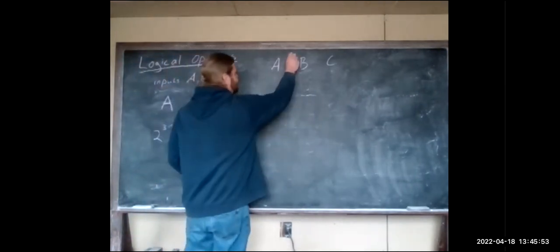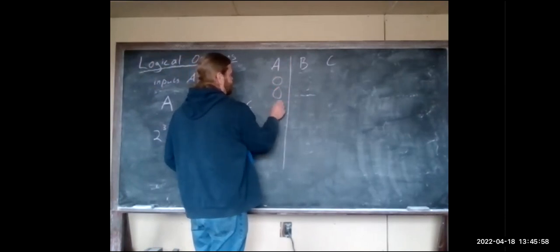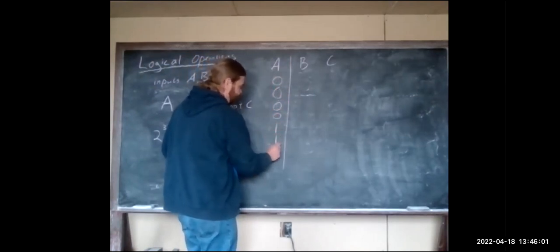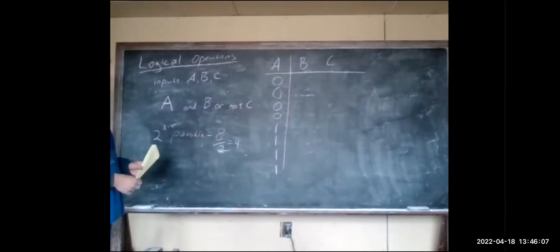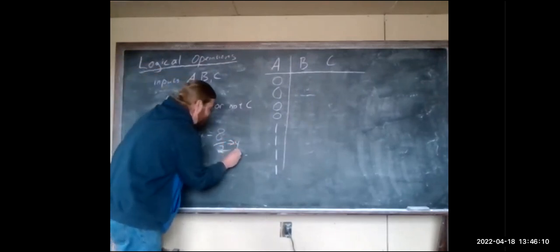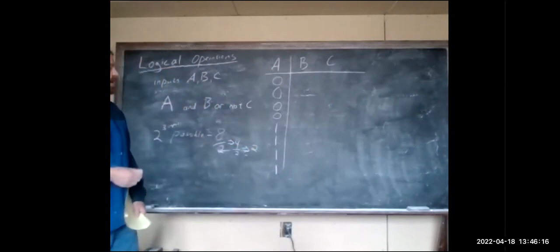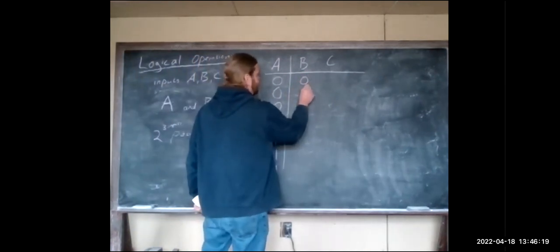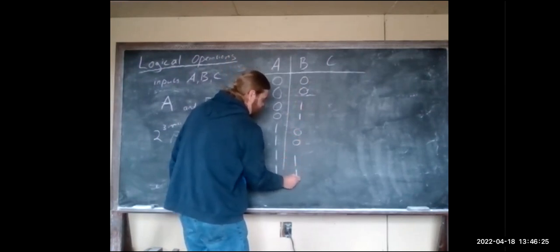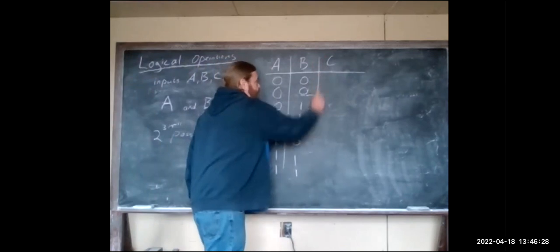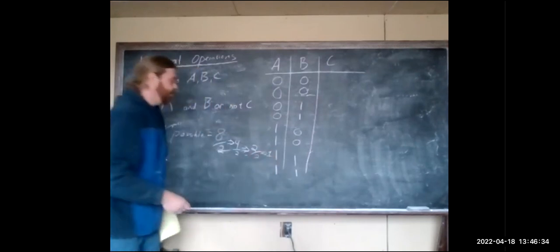So we'll split up our options for column A 4 at a time: 4 zeros and then 4 ones. Again, this is just a pattern to help make sure you don't miss anything. Then we'll cut that in half. 4 divided by 2 means we need 2 at a time in the next column: 2 zeros, 2 ones, 2 zeros, 2 ones. Cut that in half, and we need things one at a time for our third column.